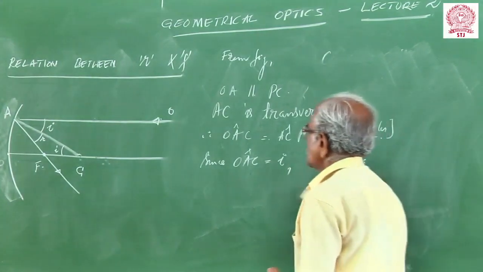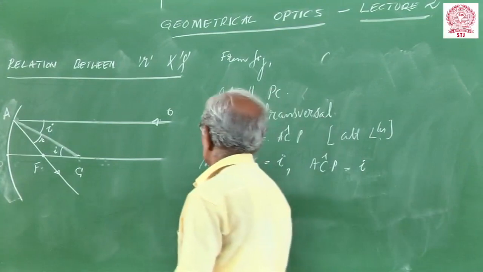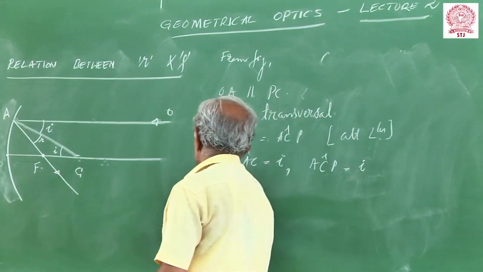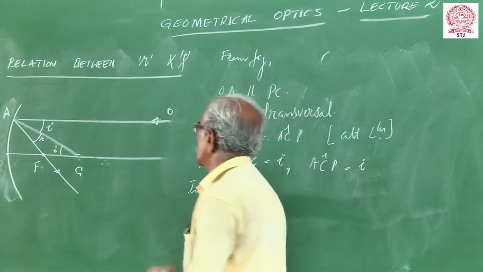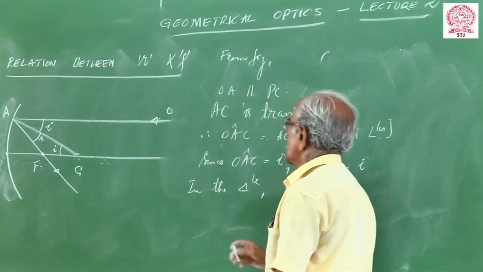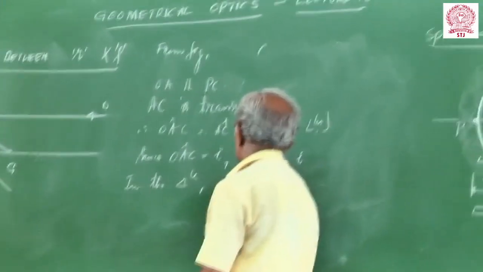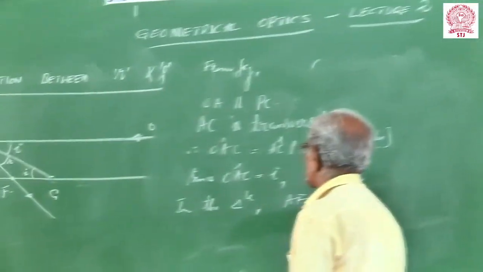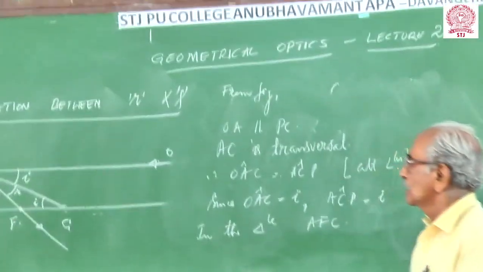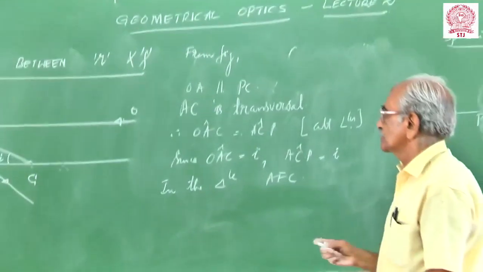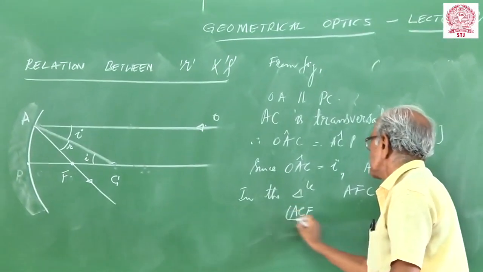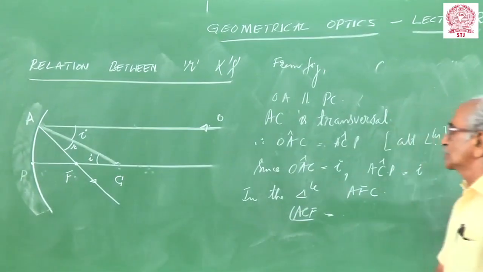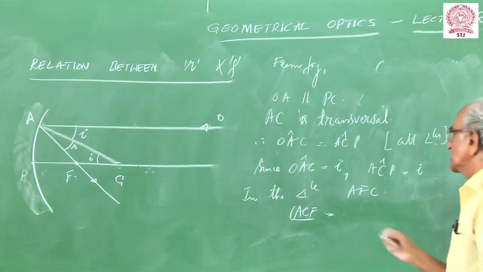Now in the triangle AFC, angle ACF is equal to angle CAF.